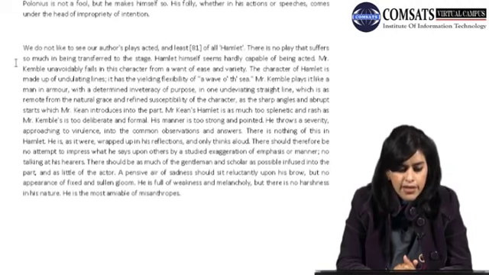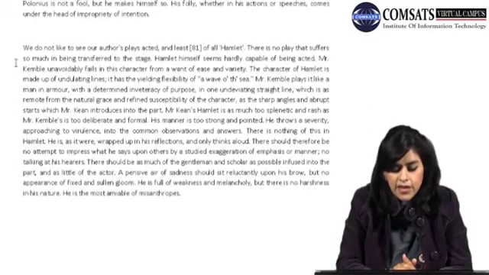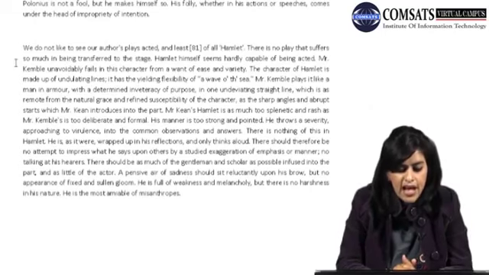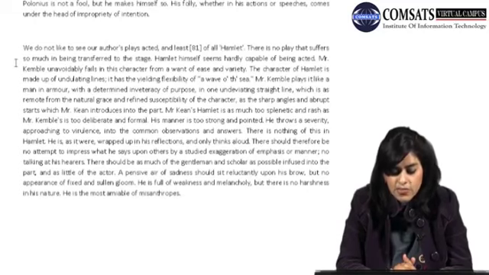The character of Hamlet is a man in armor, with a determined inveteracy of purpose, in an undeviating straight line, which is as remote from the natural grace and refined susceptibility of the character as the sharp angles and abrupt starts which Mr. Kean introduces into the part. Mr. Kean's Hamlet is as much too splenetic and rash as Mr. Campbell's is too deliberate and formal.